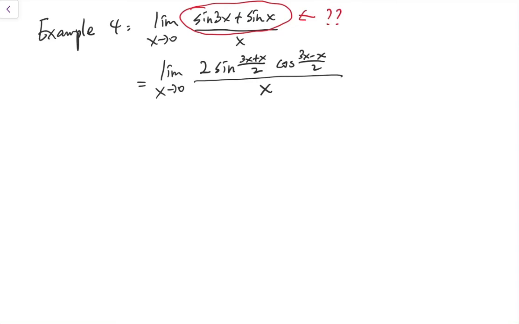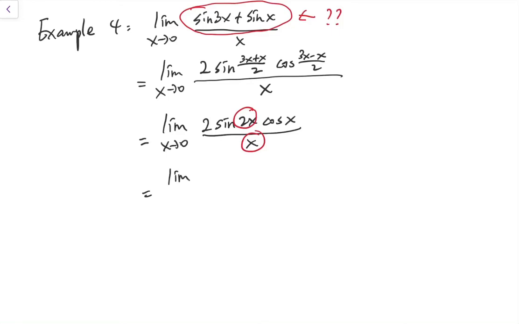So over x. And then just try to simplify. So 2 sine 2x cosine x over x. And now you see this is sine 2x, but this is x, so we need to do something, right?